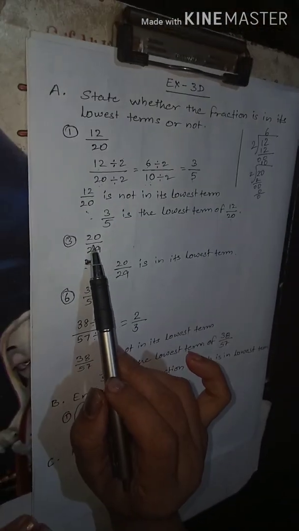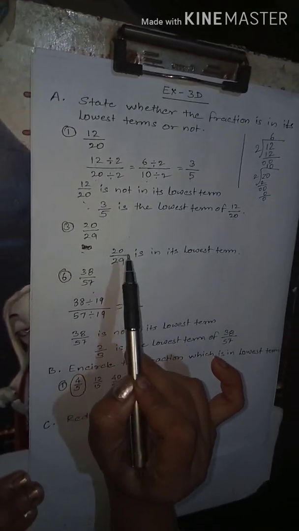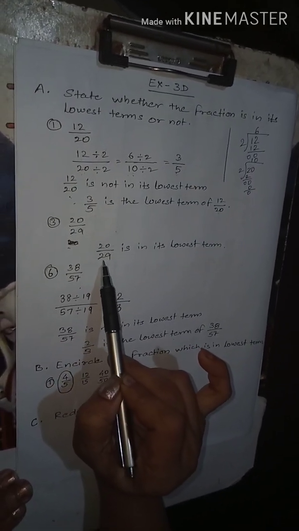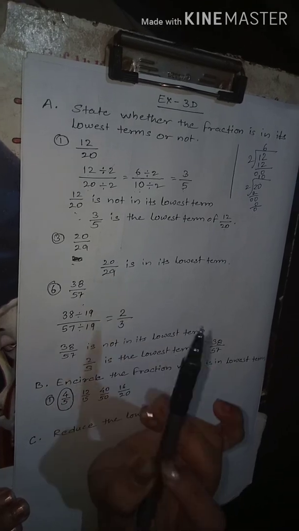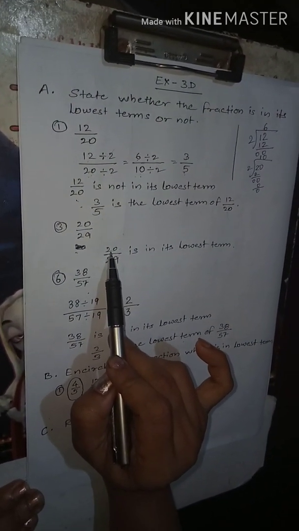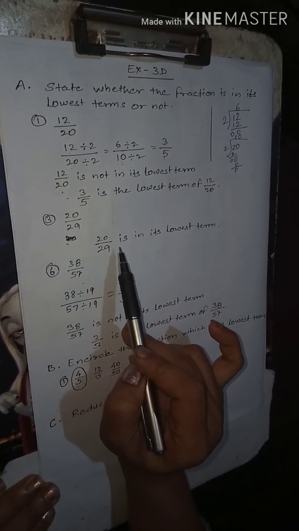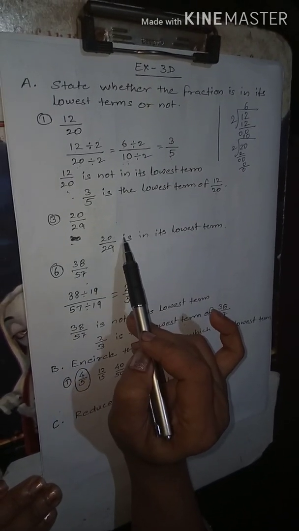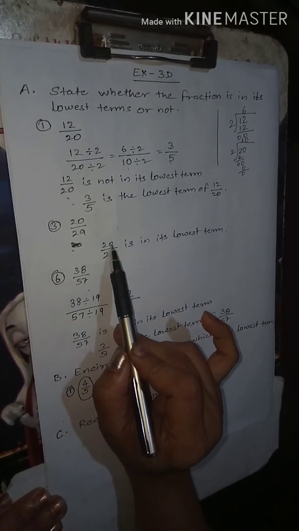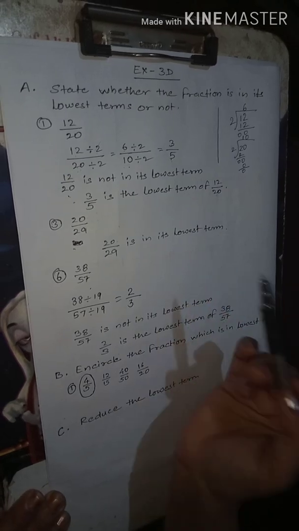Is there any common number that divides both numerator 20 and denominator 29 exactly? This 20 is divisible by 2 but 29 is not divisible by 2. So we cannot reduce. So 20 by 29 is in its lowest term.